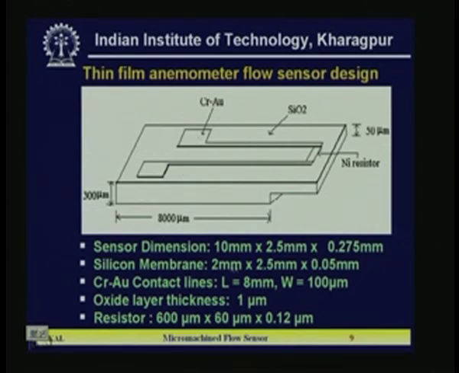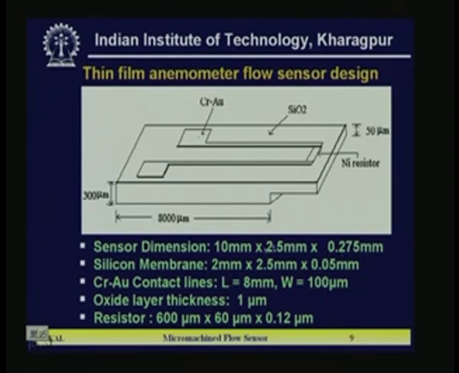The total dimension of the sensor is 10 millimeter. Here is 8 millimeter, and from here to here another 2 millimeter. So, 10 millimeter, 2.5 millimeter is the width here, and 0.275 millimeter, that means 275 micron is the total thickness here. So, the total piece of the silicon rectangular which you are using for the sensor is 10 millimeter cross 2.5 millimeter cross 0.275 millimeter.